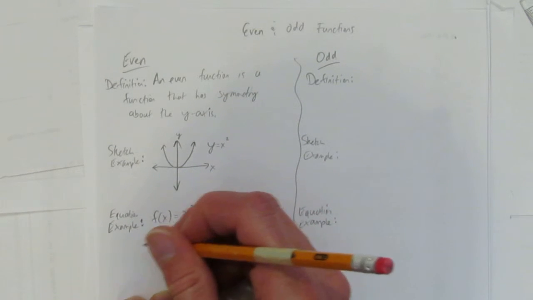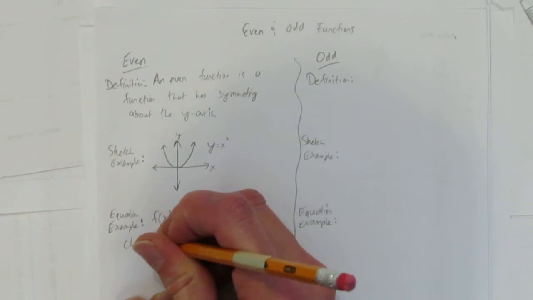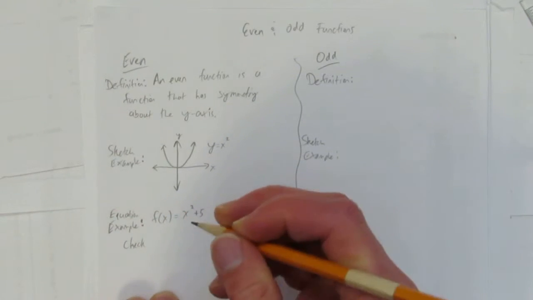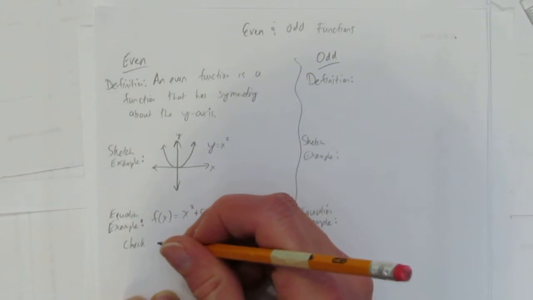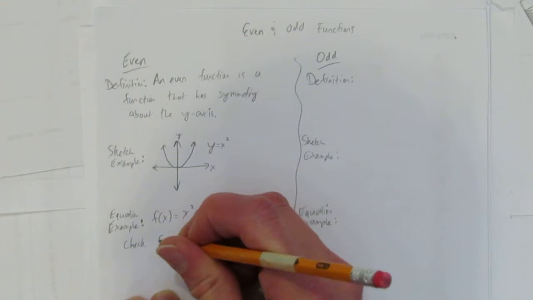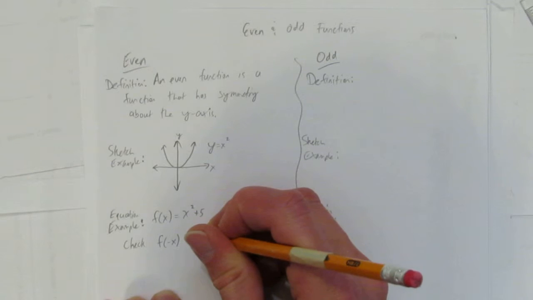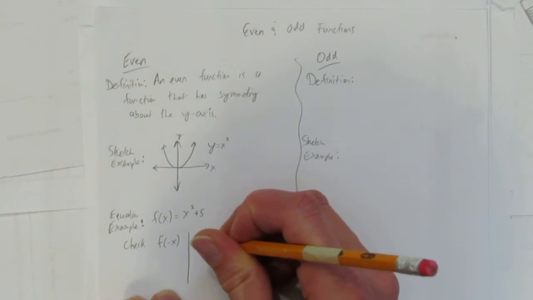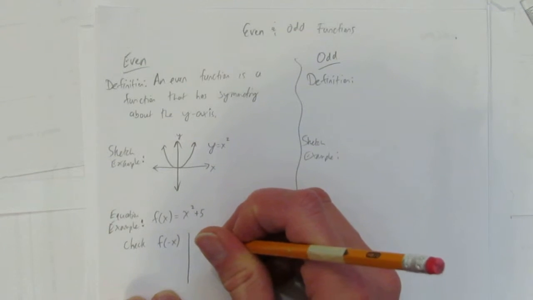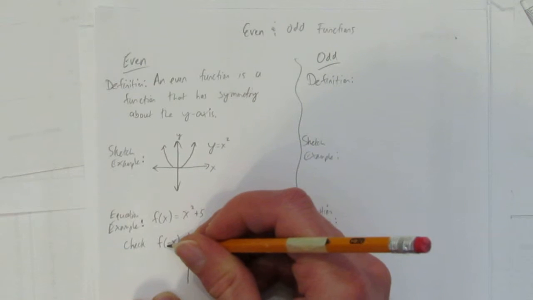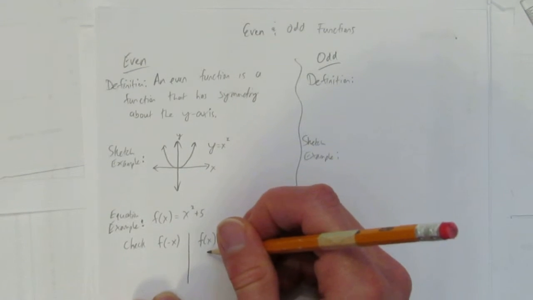To see if something is even, looking at its equation, we're going to check what happens when you take f at negative x and compare that to f at x.